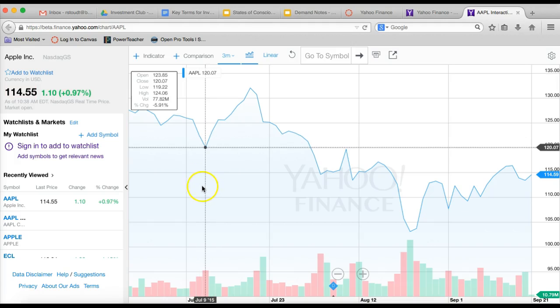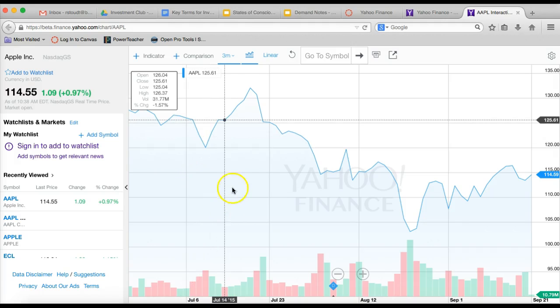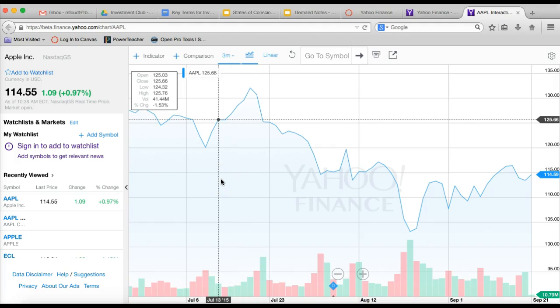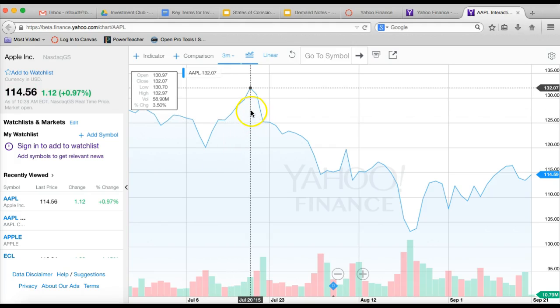So you can tell by the last 3 months for Apple, Apple has been very volatile. It's moved a lot in price. You can tell that there's lots of hills and valleys and dips and plains here. Just look at the difference. For example, the highest point was on July 20th. In the left-hand corner of the chart, you can see that little box that says open, close, low, high, volume, percent change.